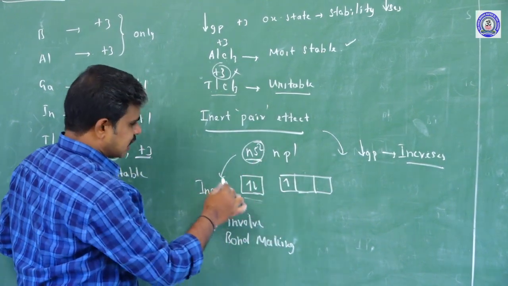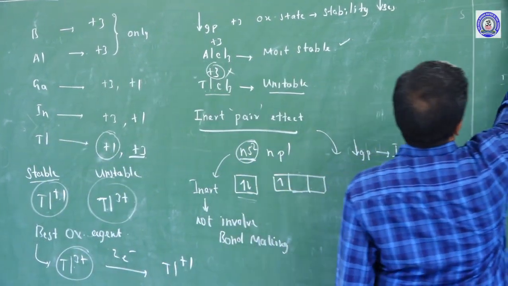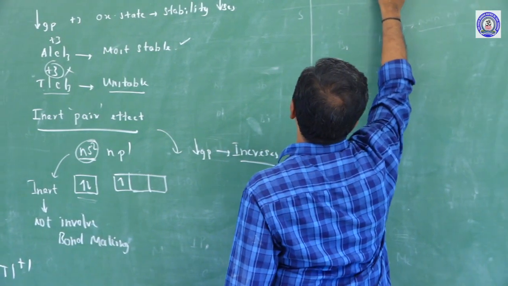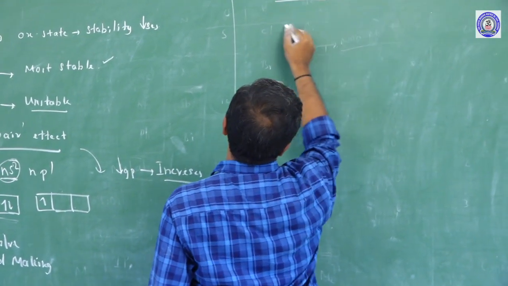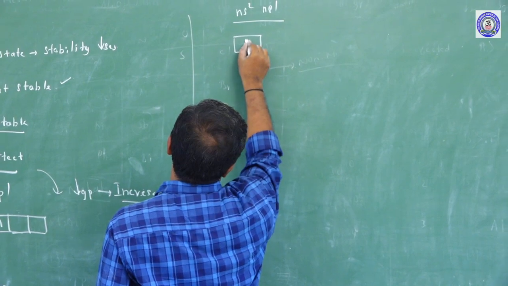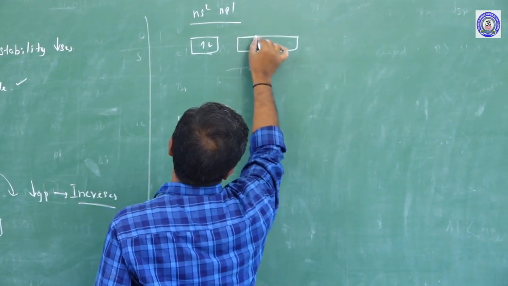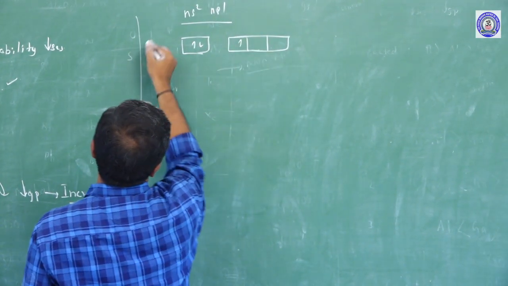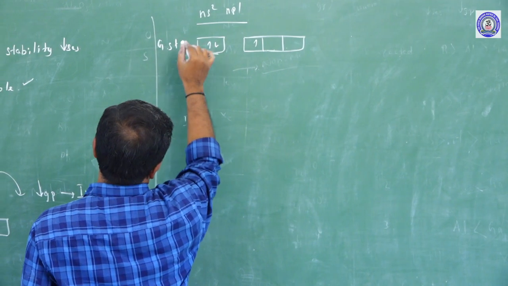Listen, we take the ns2 np1 electronic configuration: 2 electrons in s and 1 electron in the p orbital in the ground state.